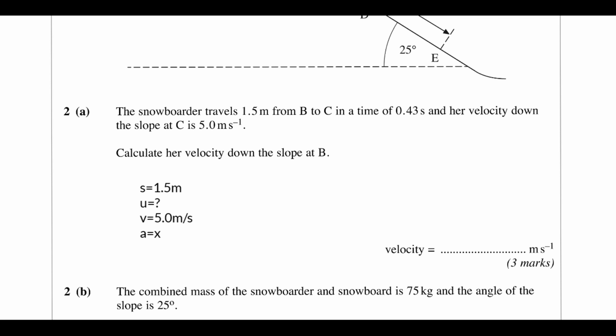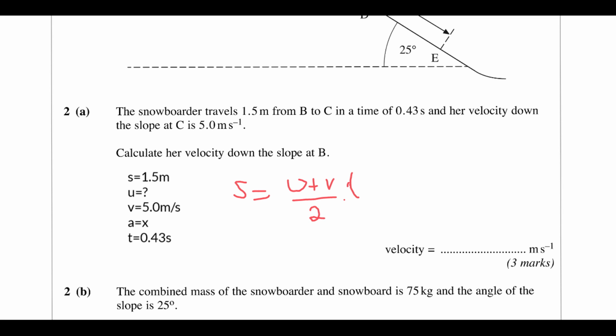The acceleration we don't know. We could actually work it out, but we don't currently know it. And time is 0.43 seconds. Okay, so that's the information we have to solve this question. So we need the equation that doesn't have acceleration in it. So what we're going to do is we're going to use this one right here.